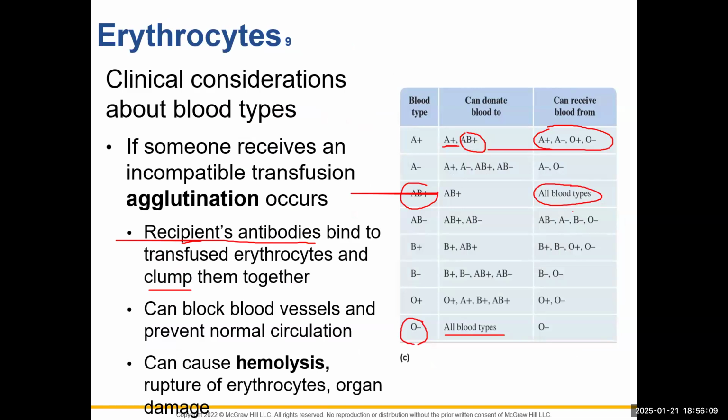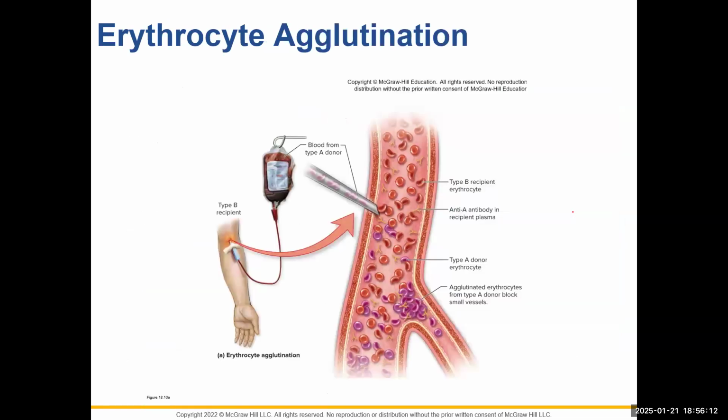And now you know. So here's an example of that erythrocyte agglutination. So you have a type B recipient, which means that that type B recipient carries, wait for it, anti-A antibodies. So those anti-A antibodies are floating around in that person's blood plasma. And so now someone that wasn't paying attention just hung a bag of type A blood.